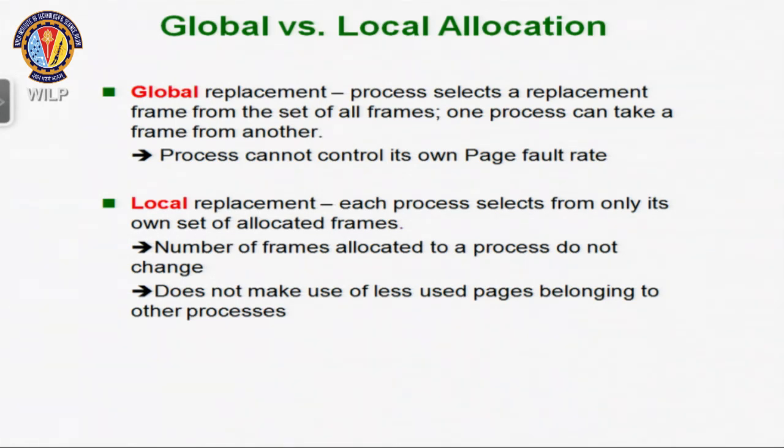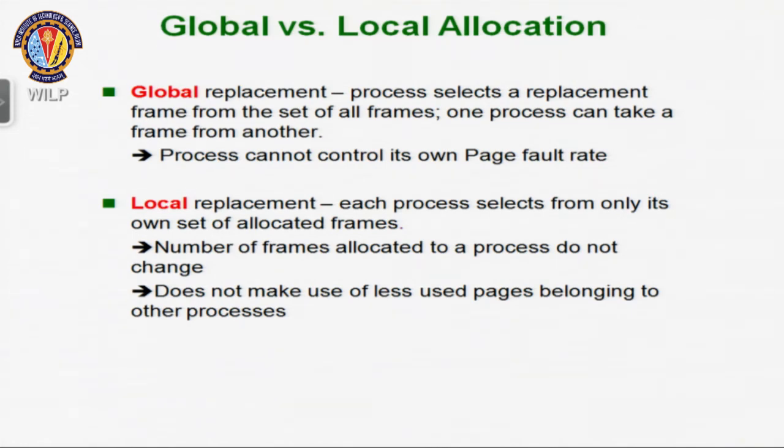In case of global replacement, when the frame is selected, a victim frame will be selected globally, that is, it could belong to any of the executing processes, and that particular frame would get replaced. So in this scenario, individual processes would have no control over their page faults.